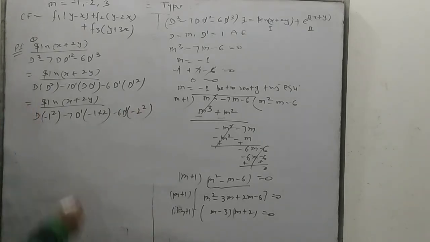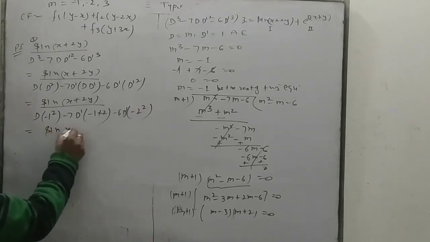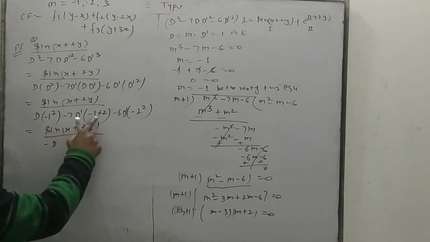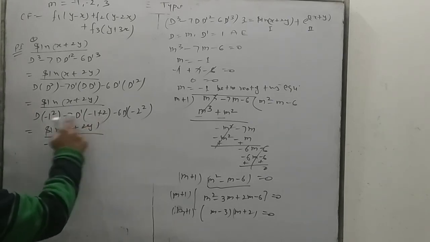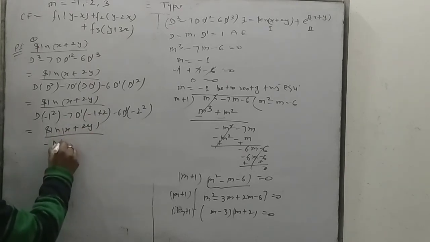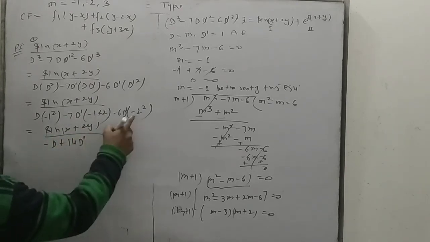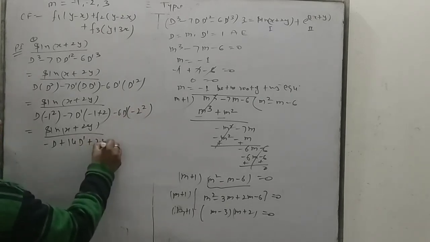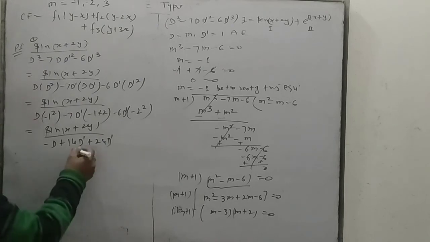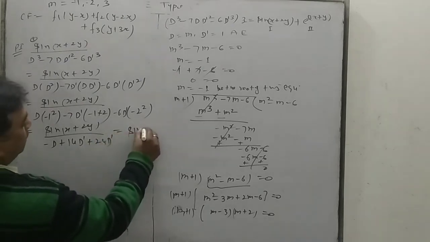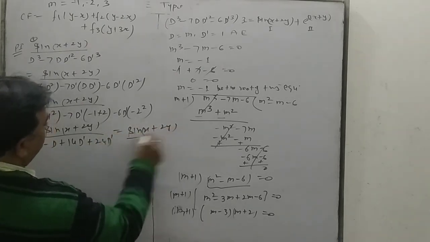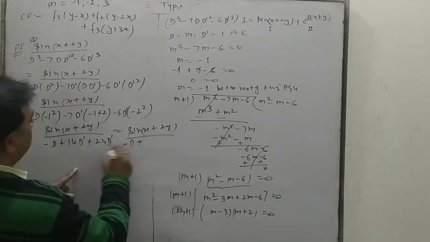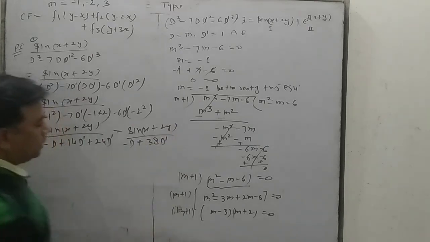Sorting out this problem: sin(x plus 2y), minus D, 2 times 7 is 14 D dash, and 4 minus minus plus 24 D dash. Sorting out, sin(x plus 2y) upon minus D 24 and 14 plus 24 is 38 D dash.